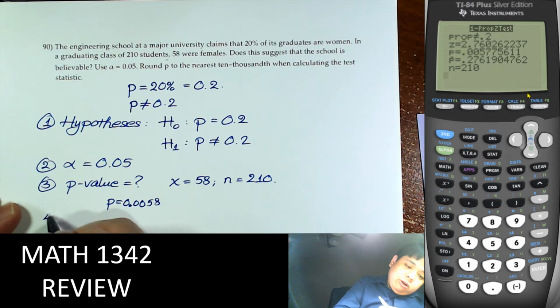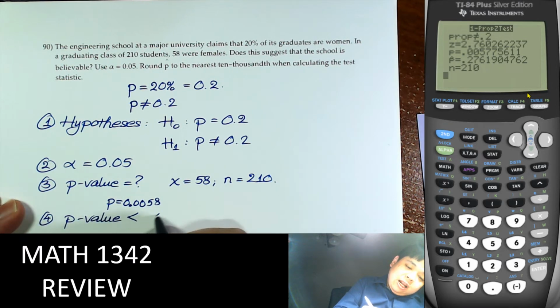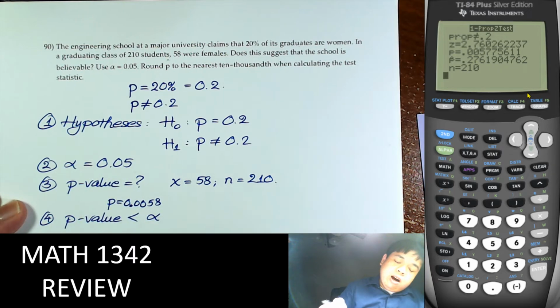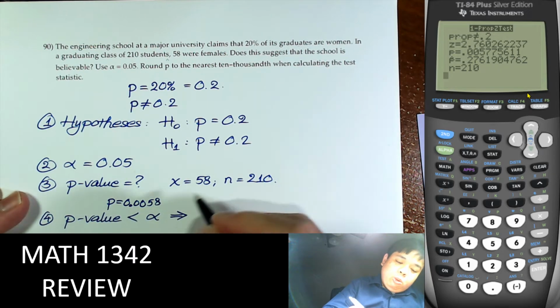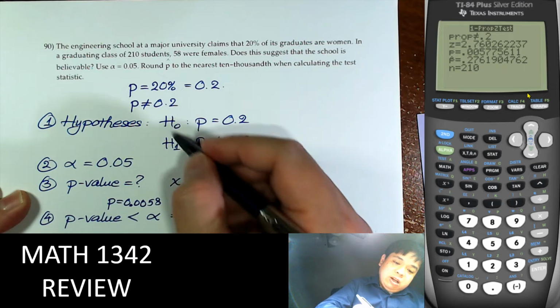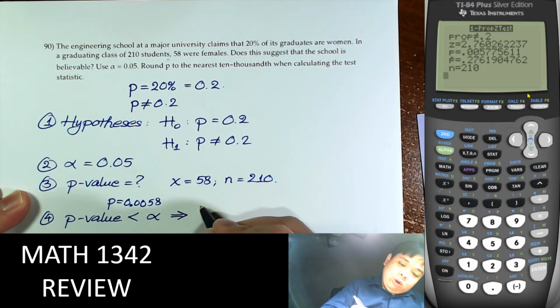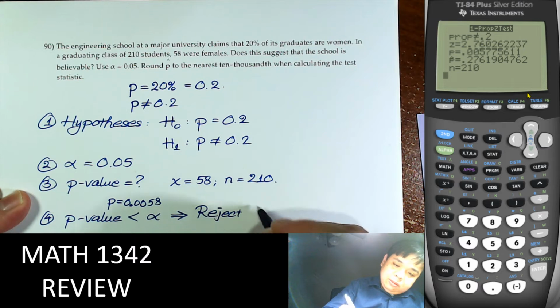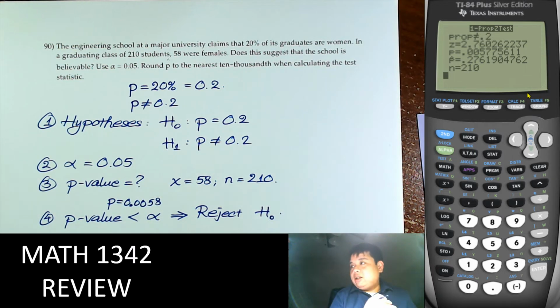And number 4, because the p-value is less than alpha 0.05, when p is low, then H0 must go, so reject. So we rejected that.